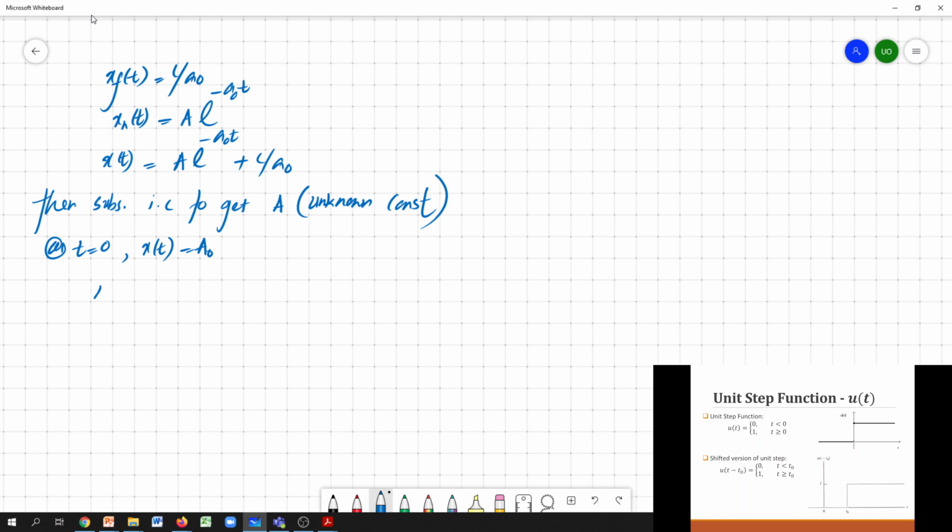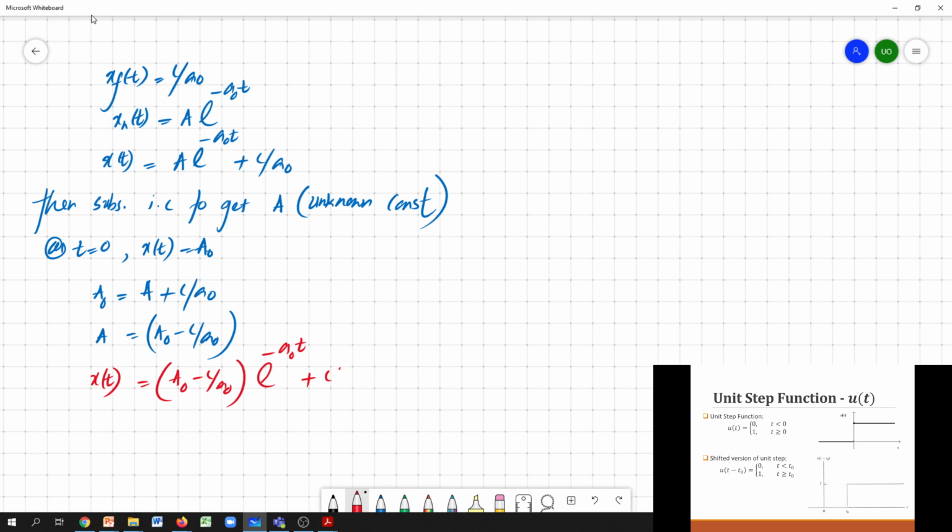So then a equals a naught minus c over a naught. So then the ultimate response is, a can be replaced with a naught minus c over a naught, times e to the power minus a naught t, plus c over a naught.